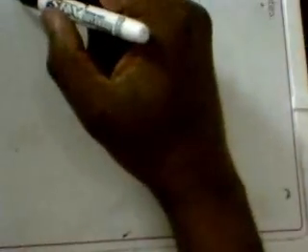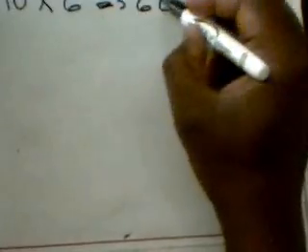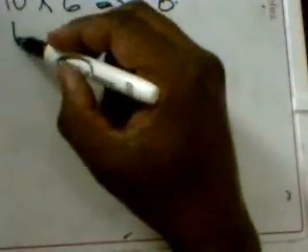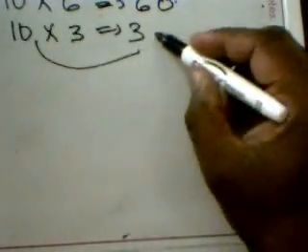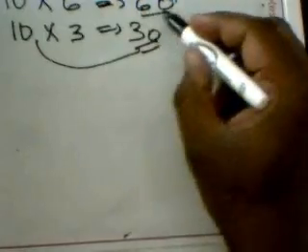Okay. Let's practice a little bit what we've just seen now. Let's start with 10. You have 10 times 6. Easy. It's just 60. You have 10 times 3. It's 3, and 0 is 30.